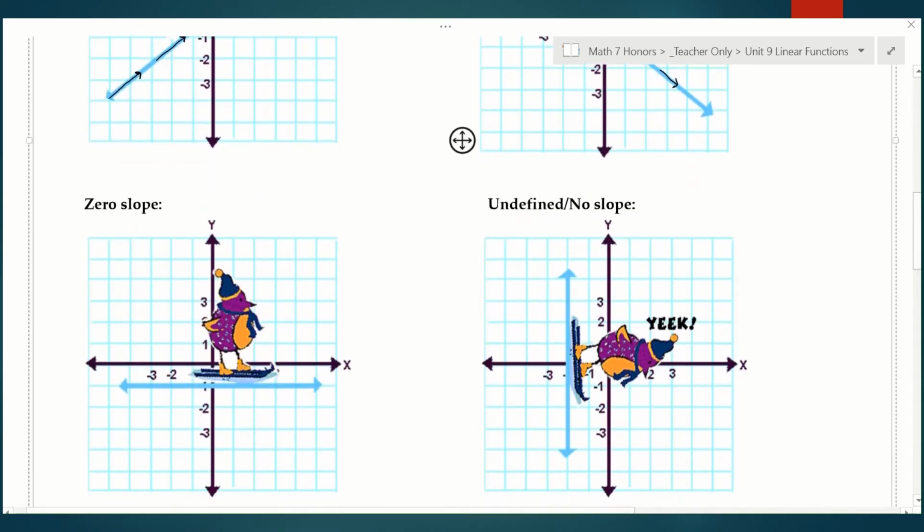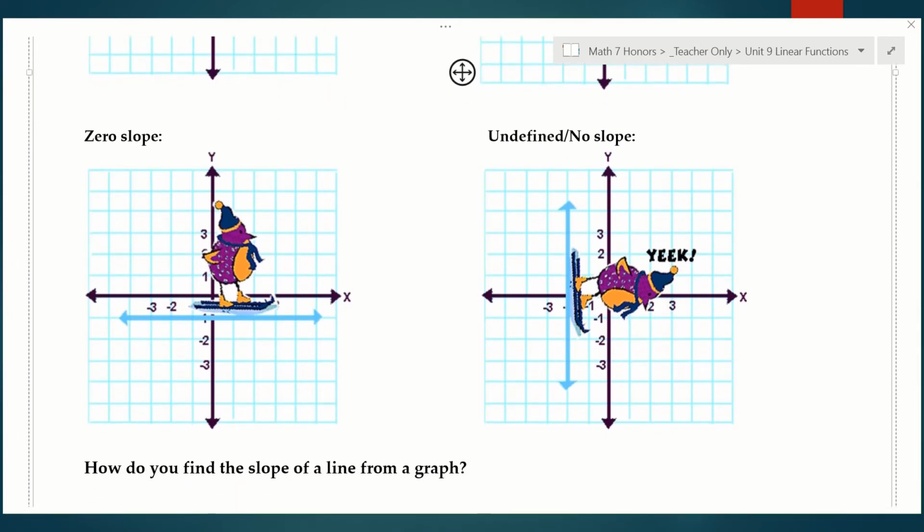The next two are always tricky to remember the difference. So a zero slope means that you're basically not going anywhere in the up and down direction. Okay, we're really just going across here. And so when that happens, when there's no rise and there's only a run, we consider that to be a zero slope.